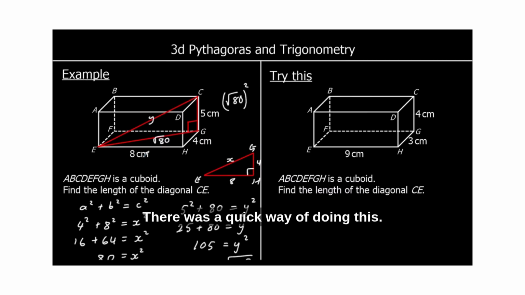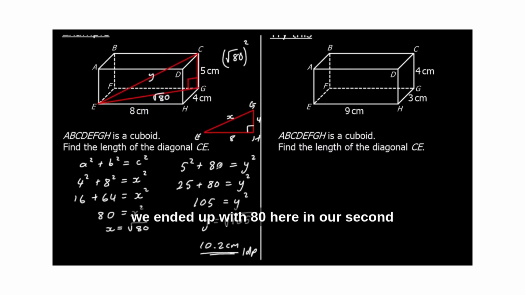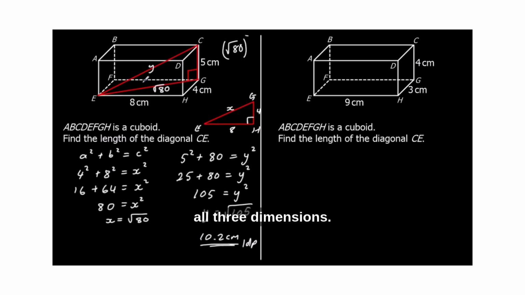There was a quicker way of doing this. You'll notice that we ended up with 80 in our second triangle, and that was 4 squared plus 8 squared. So we could have gone straight to using all 3 dimensions. From E to C was 8 along, 4 back, and 5 up.